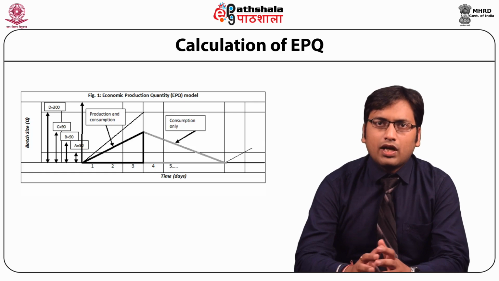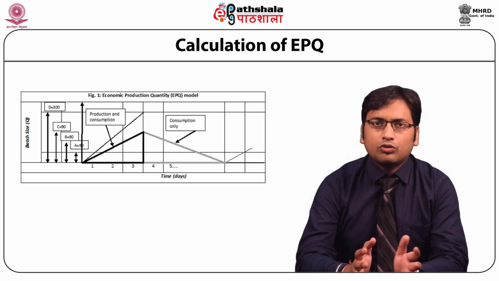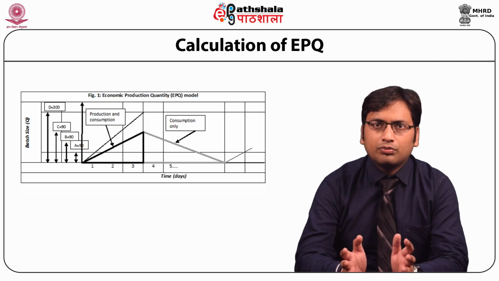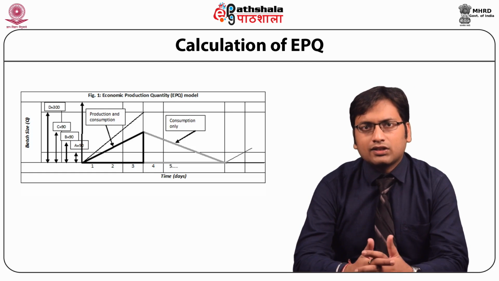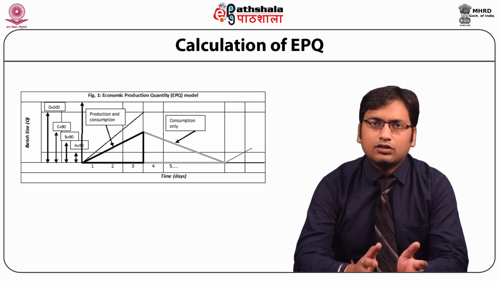Similarly, on day 2, another lot of 100 units is produced and 10 are consumed. The remaining 90 becomes part of inventory, making a total of 180 units as stock after day 2, as shown by B. Lastly, on day 3, the last batch of 100 units is produced and 10 are consumed.